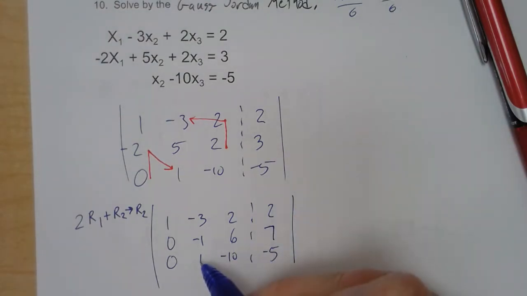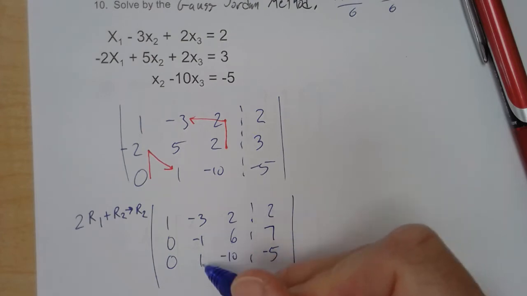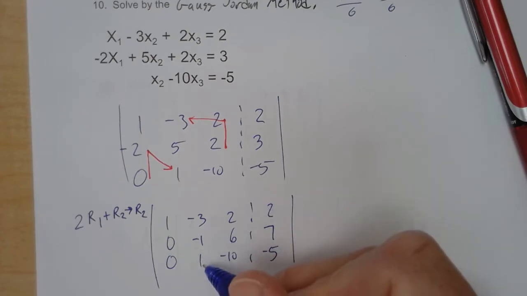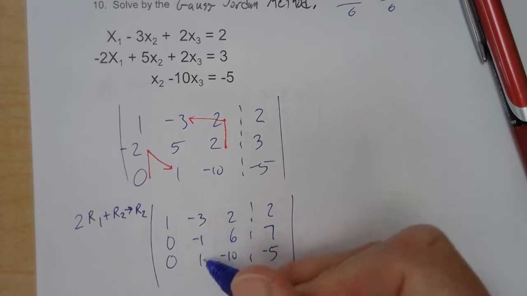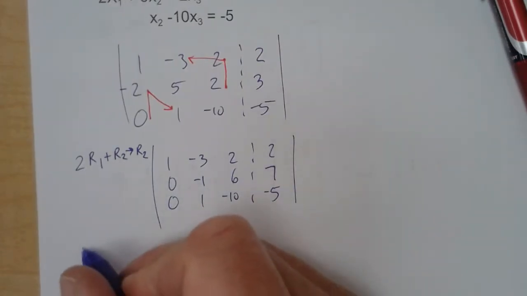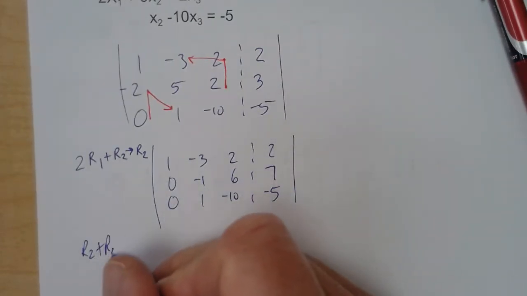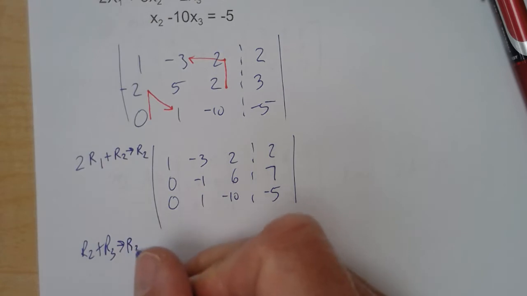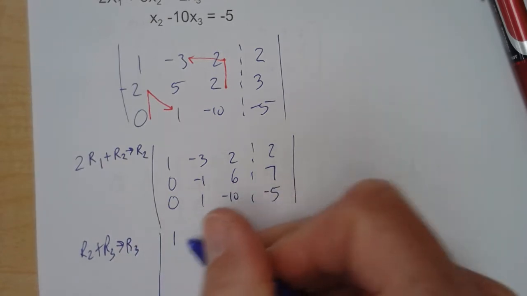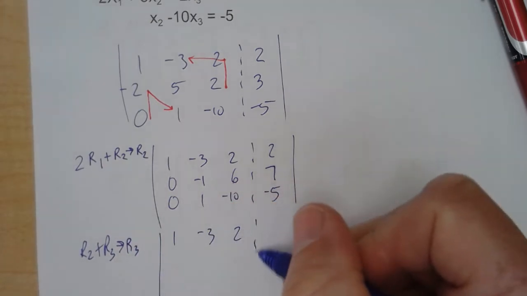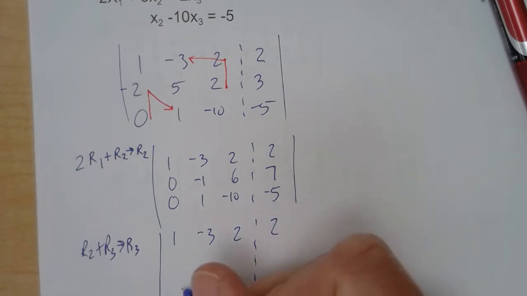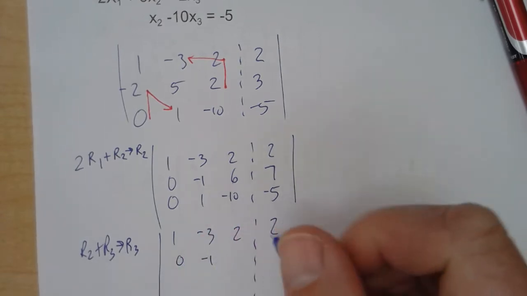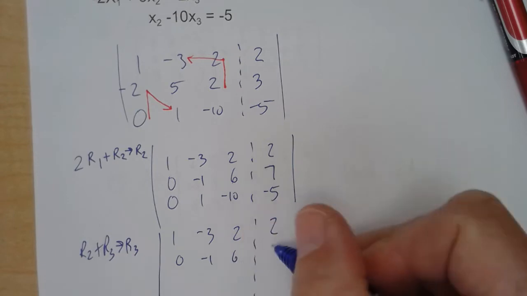Now I need to make this a 0. Well, if I add these two together, just straight up add them together and put that into there. So this plus this would be 0. So it's going to be row 2 plus row 3. Put the answer into row 3. I'm not changing row 1 or 2, so I'm just copying these down.